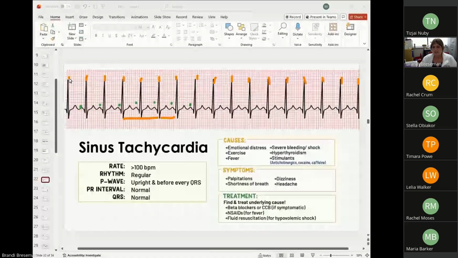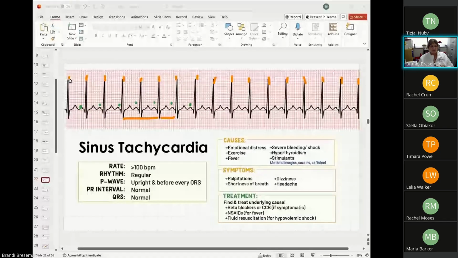So just like sinus bradycardia, we are not going to really treat sinus tachycardia if it's asymptomatic. Like I said, if somebody's exercising on the treadmill, we're not going to treat a heart rate of 120. We want them to have a heart rate over 120. Okay. Symptoms are almost similar to symptoms of sinus bradycardia, right?